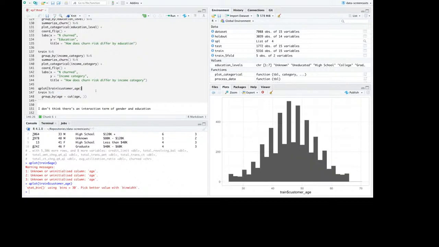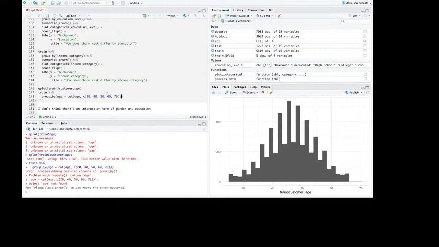I did want to see group by age, cut age into, let's say, what did we say age was? Yeah, like less than 40. So like 20 to 40 to 50 to 60 to 70. Does that miss any? Customer age?